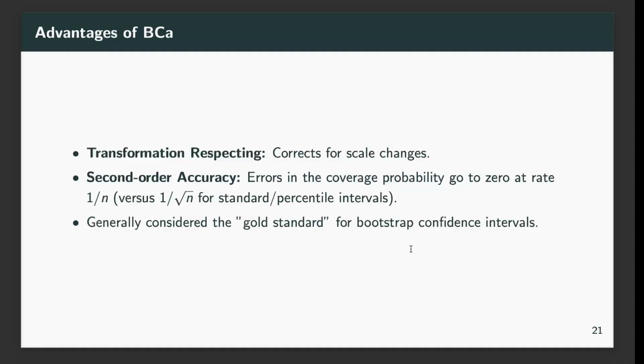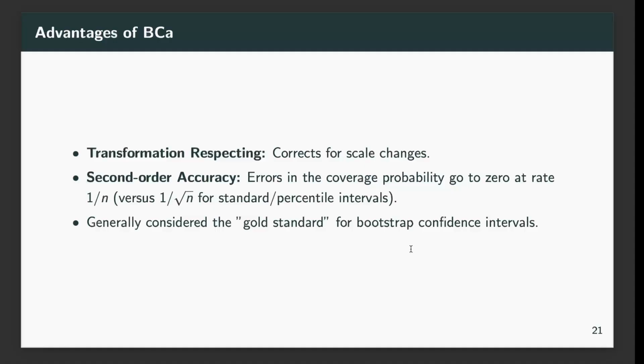In practice, this means that the BCA interval achieves closer to its nominal coverage probability, especially for small and moderate sample sizes. The third point says that it is generally considered the gold standard for bootstrap confidence intervals. This is simply the consensus of the statistical literature. So when you are not sure which one to choose, always choose BCA.